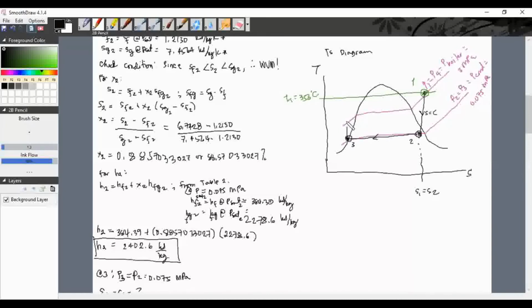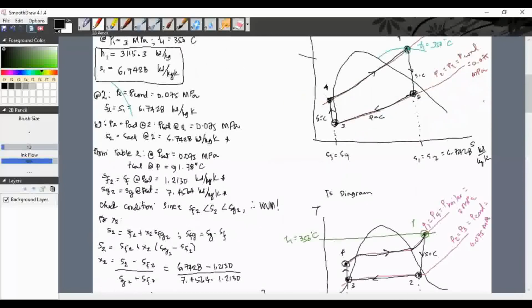Mag-increase ang pressure. At S is equal to C. So S3 is equal to S4. And then, at point 4, pasok si steam pabalik sa boiler, then labas sa boiler. So, yan. At P is equal to C. So, yan po ang ating TS diagram.